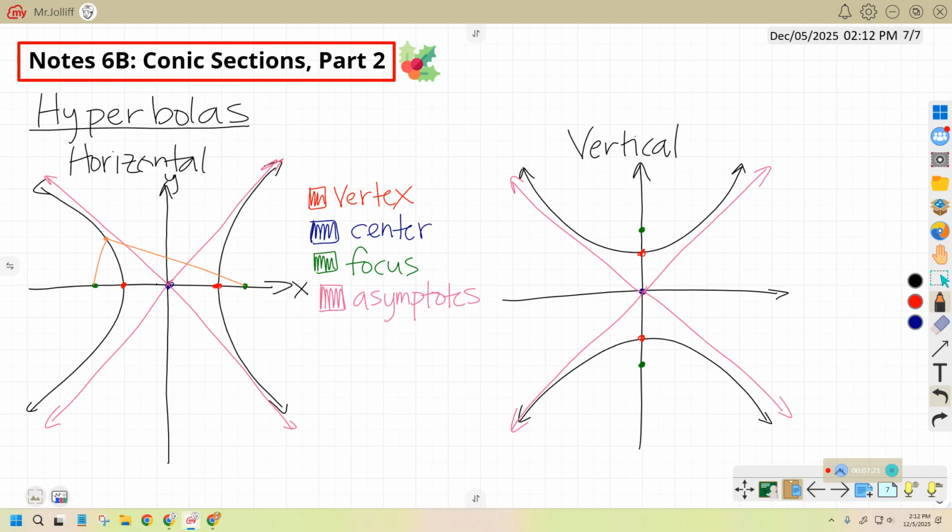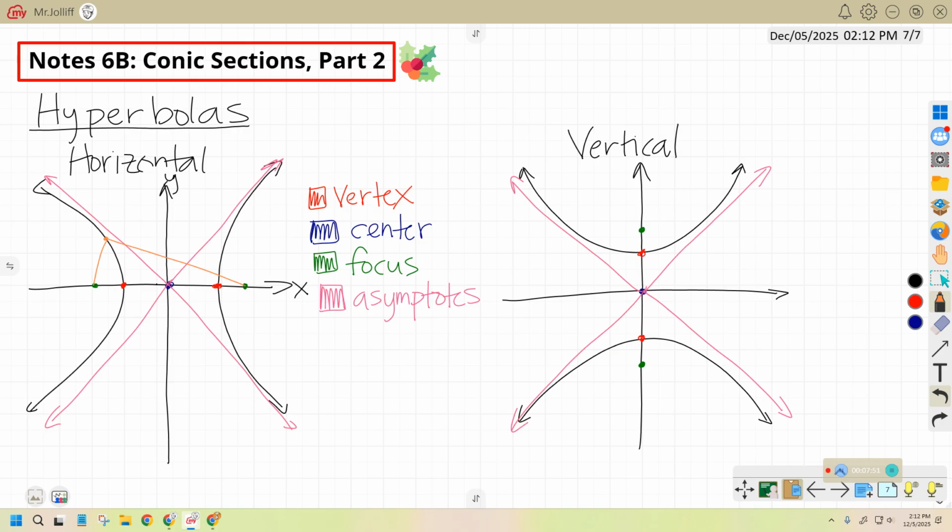If I were to add those two orange distances together, I'd get the same number regardless of where I am on the curve. Or not the sum, the difference, sorry. The difference between the two.